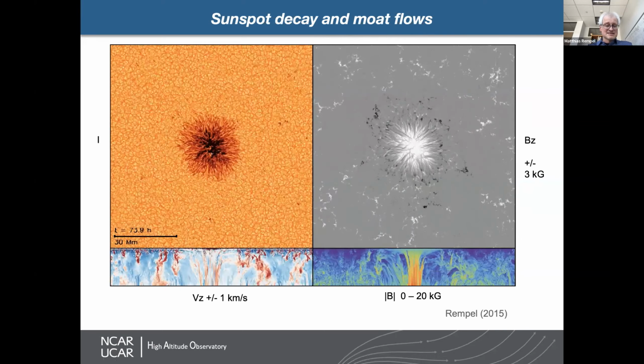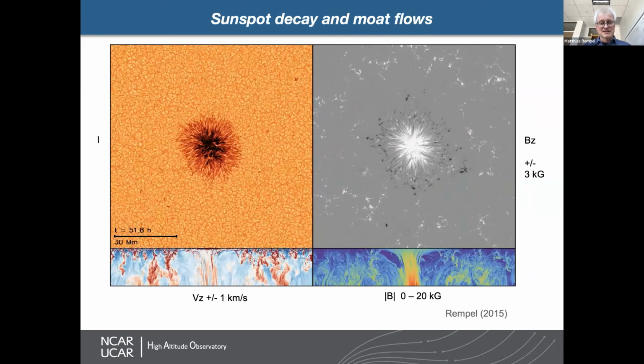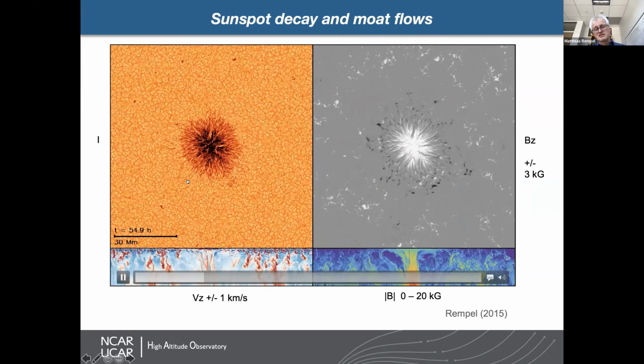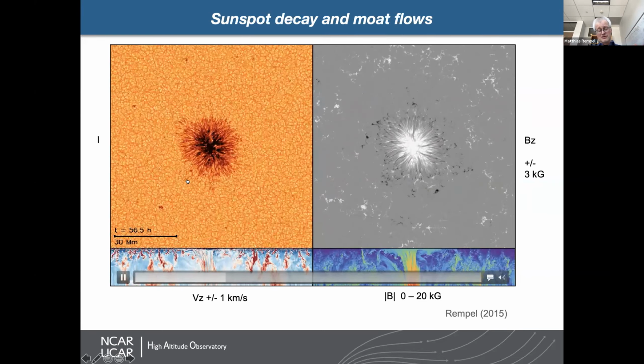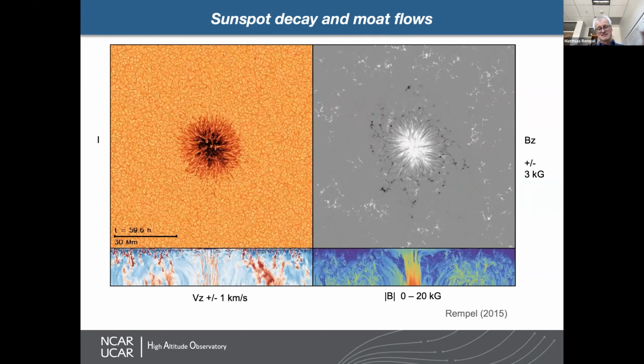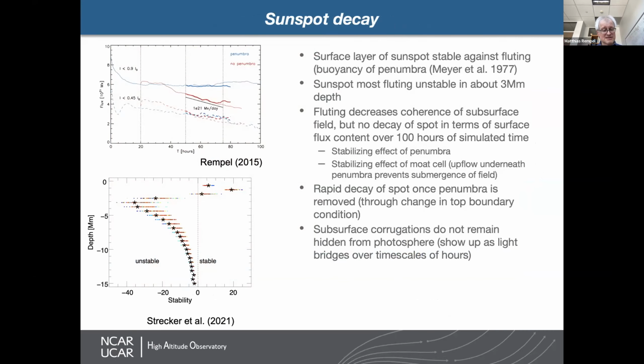And what happens here is that the umbra of the spot gets corroded by the fluting instability, but the presence of a penumbra at most regions prevents the decay of the overall sunspot. So you get a more and more fragmented umbra, but the sunspot as a whole is kept together by the penumbra. And this was studied by Hannah Strecker a couple of years ago.